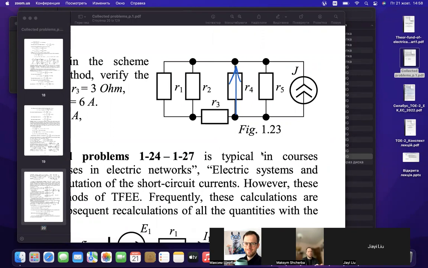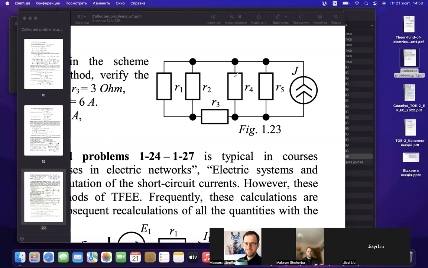Mathematically, it doesn't matter. If your guess is correct, you will obtain a positive current. If your guess is incorrect, you will get a negative current. But mathematically, this is a correct answer, because even a negative answer will give you the concrete direction and the concrete number of current.